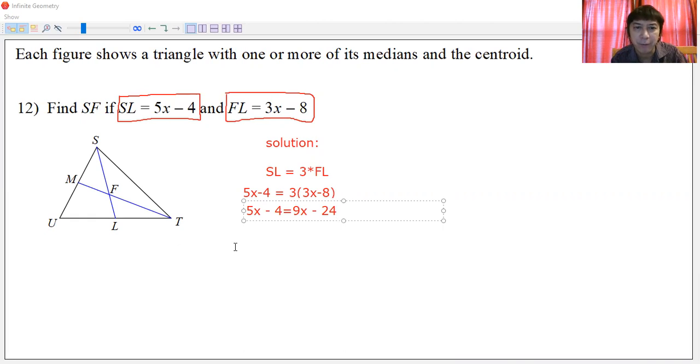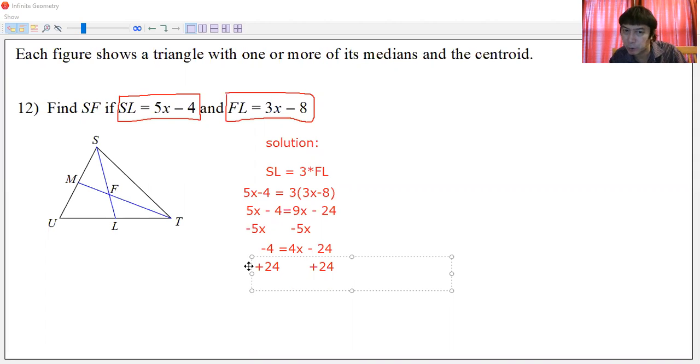9x minus 24. Next step is to subtract the smaller x term, 5x minus 5x and minus 5x. We get a negative 4 at the left, and the right side gives us 4x minus 24. To continue, we will now add 24 to both sides. We get positive 20 for the left side.